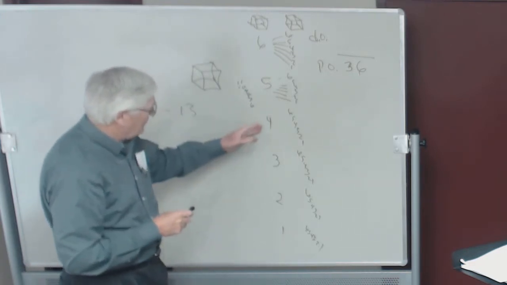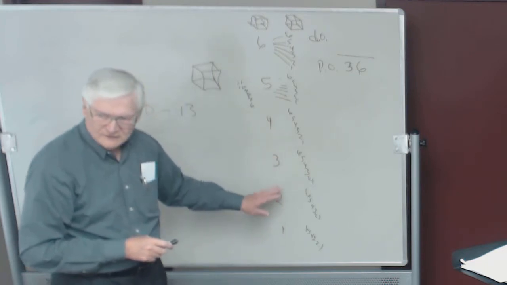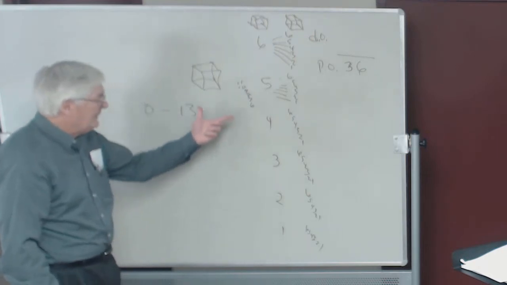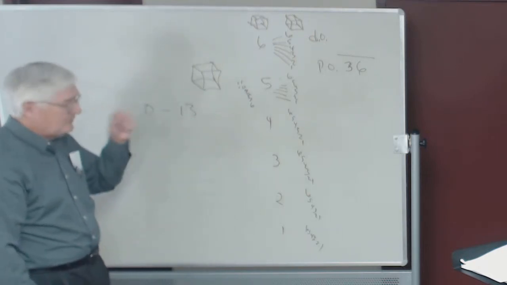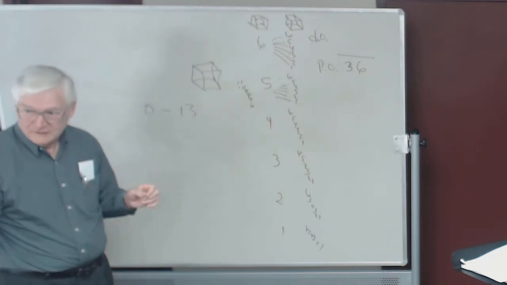Is that going to be true for all of them? So what's the probability of getting a sum between 0 and 13? 100%. You follow that?